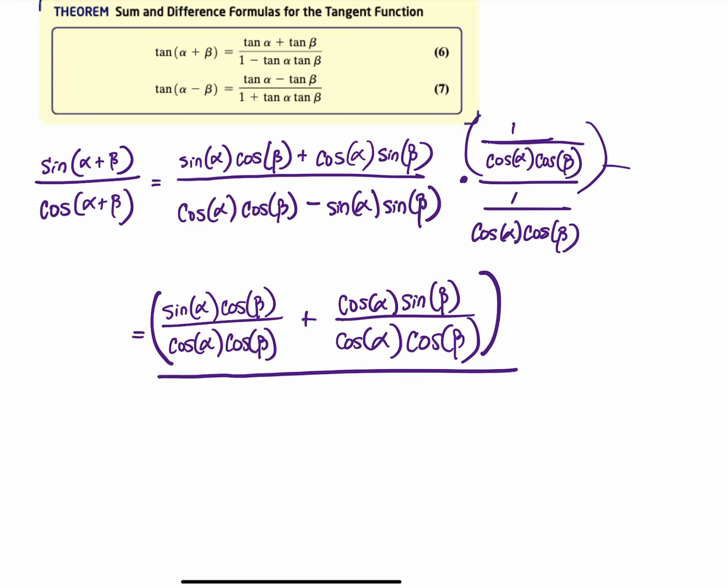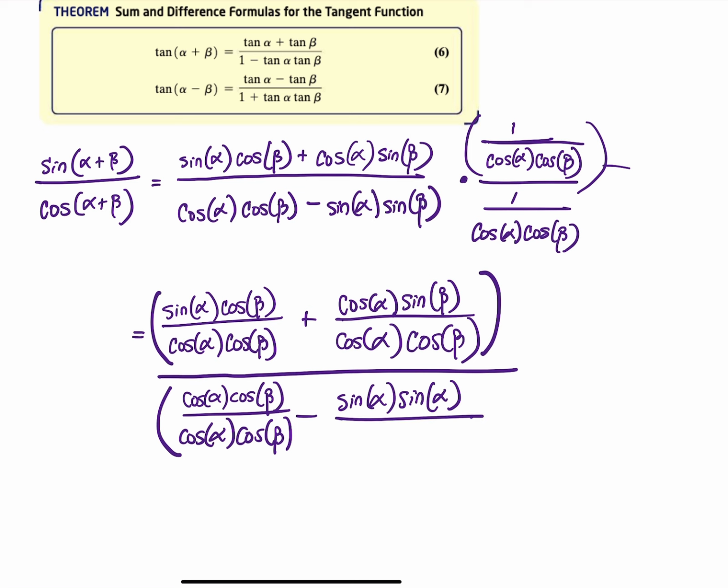Our denominator, the first term will have the cosine of alpha cosine beta, now over also cosine alpha cosine beta, minus, so looking at that denominator up here, minus sine alpha sine beta. This also gets divided by cosine alpha cosine beta.